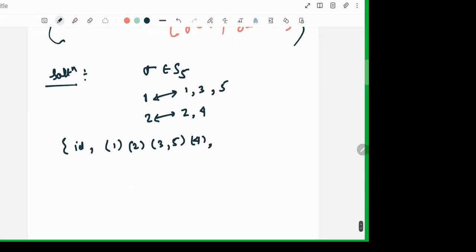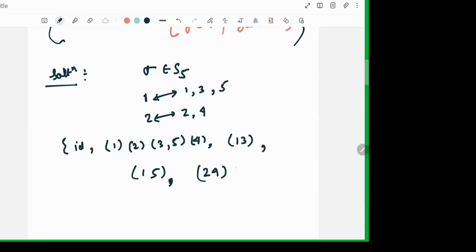Then similarly, you can make all possible choices. How many possible choices are going to be there? I guess you should see it easily. Six? No, you are incorrect. So let me give you all the choices. Now you have permuted three and five. Now you can do (1 3), and everything else is fixed, so basically identity, (1 3). Then you can do (3 5), which is already done. (1 5), apart from this, everything fixed. Then (2 4).